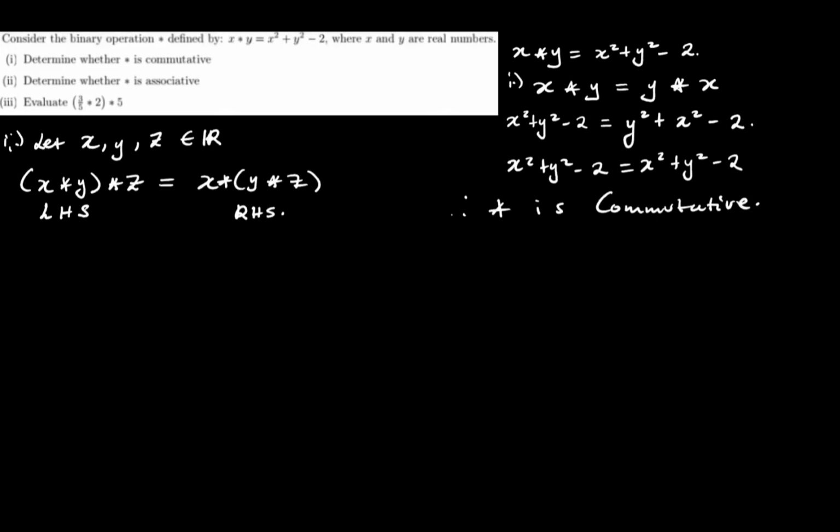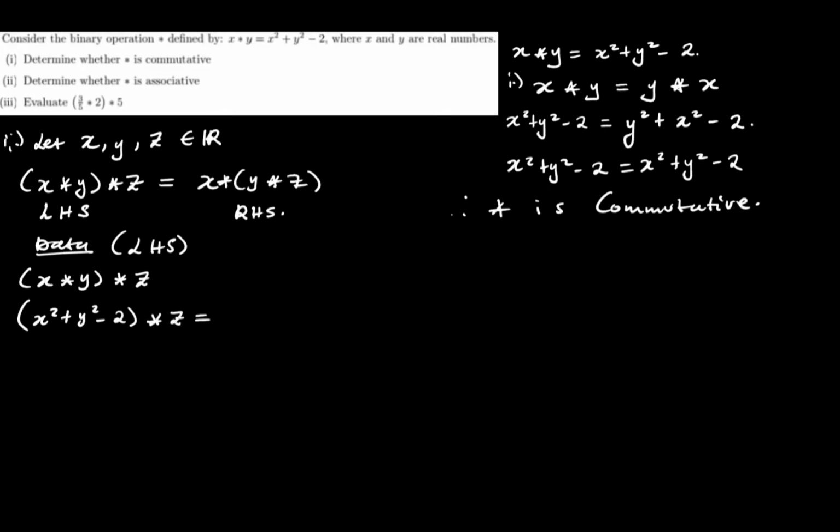For the left hand side, I will have x star y star z. x star y, we already know, is x squared plus y squared minus 2, then being operated on z.